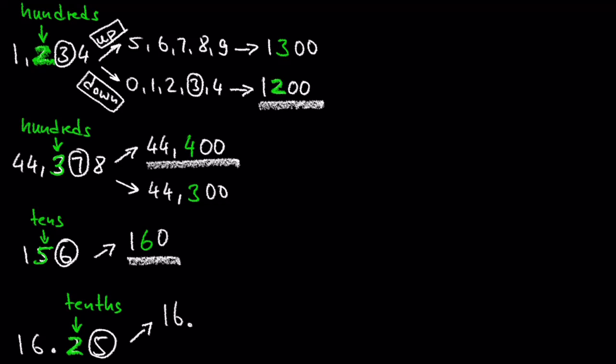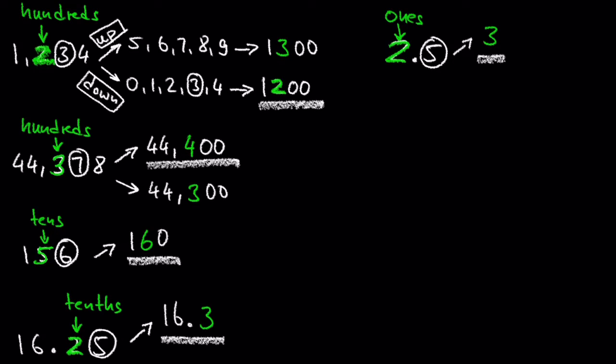The 2 becomes a 3 and the 5 becomes a 0. What about rounding 2.5 to the ones place? The 5 makes a 3 out of the 2, and we get 3.0, which is 3.